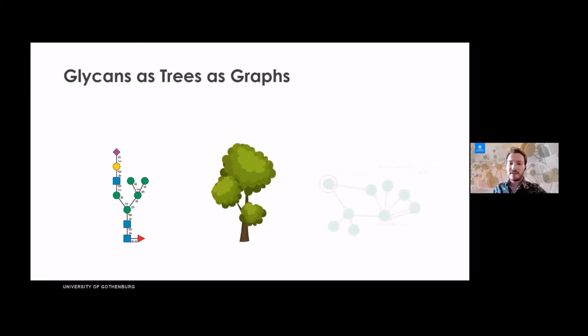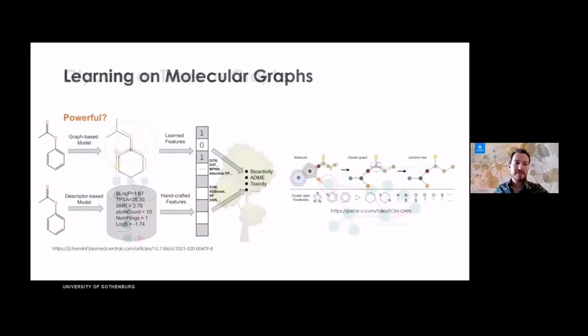And trees are nothing else than a certain class of graphs, where every node would be, for instance, a monosaccharide, and then you connect them via different edges. And luckily, there is a lot of progress on graphs, so we could piggyback on graph-based neural networks that have been developed for actual small molecule drugs, so for chemicals, where either every atom is a node, and these kind of approaches have been shown to work really well compared to traditional handcrafted features, the chemical descriptor-based models.